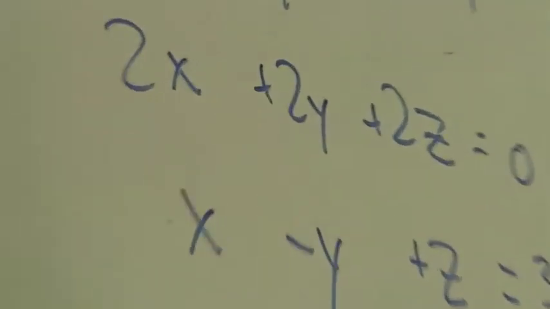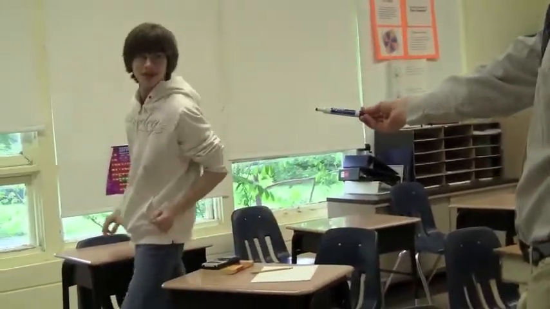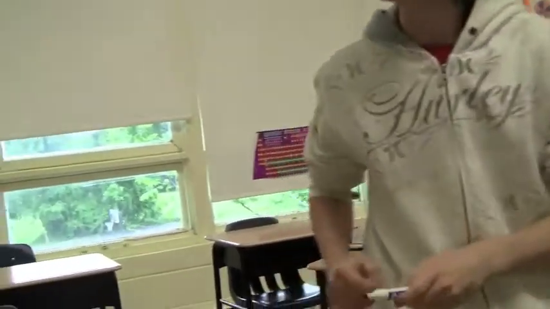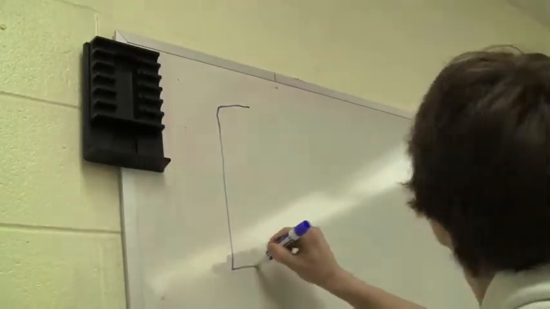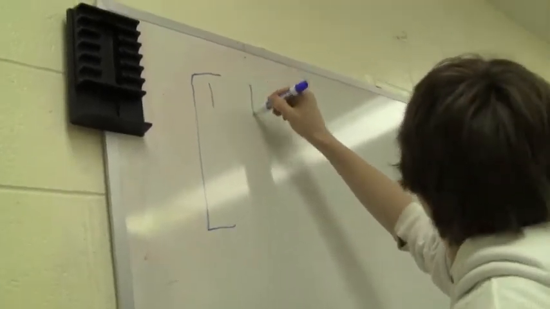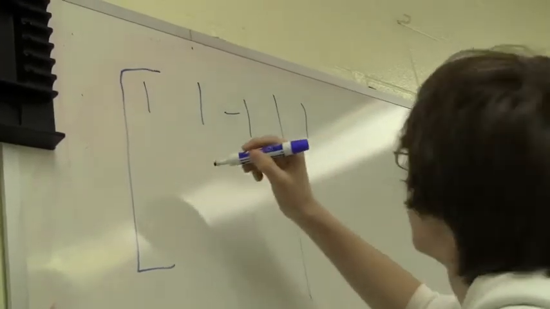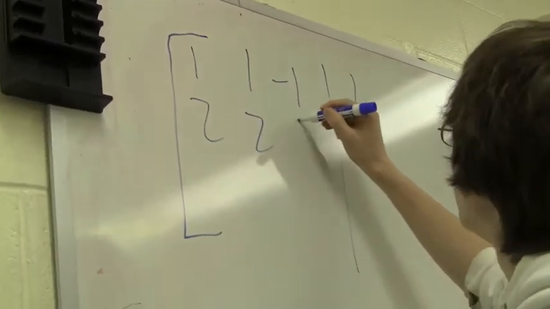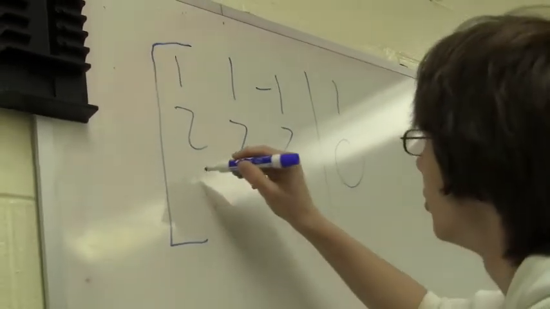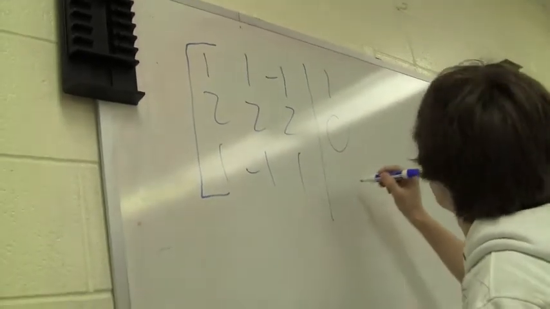Okay, so since you want to see it, you get to do it. Okay. Step 1, write it as an augmented matrix. Then I'll erase the equation. Actually, not 1. 1, negative 1, 1. 2, 2, 2, 0. 1, negative 1, 1, 3.